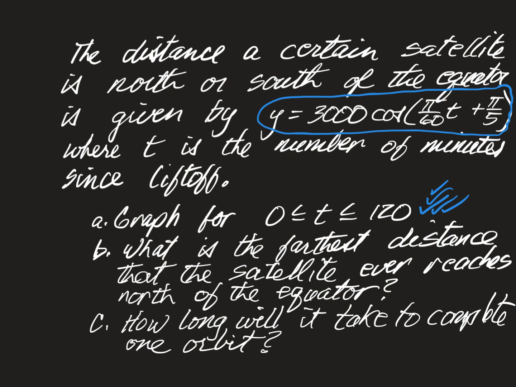And I'll show you how to do that. The second question is, what is the farthest distance that the satellite ever reaches north of the equator? And the third question is, how long will it take to complete one orbit? So there we go. Let's work this out and we'll go from there.